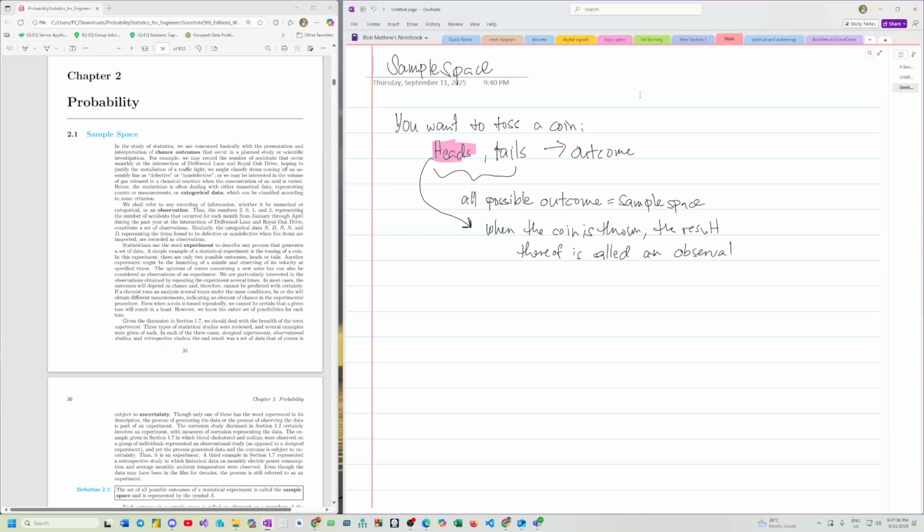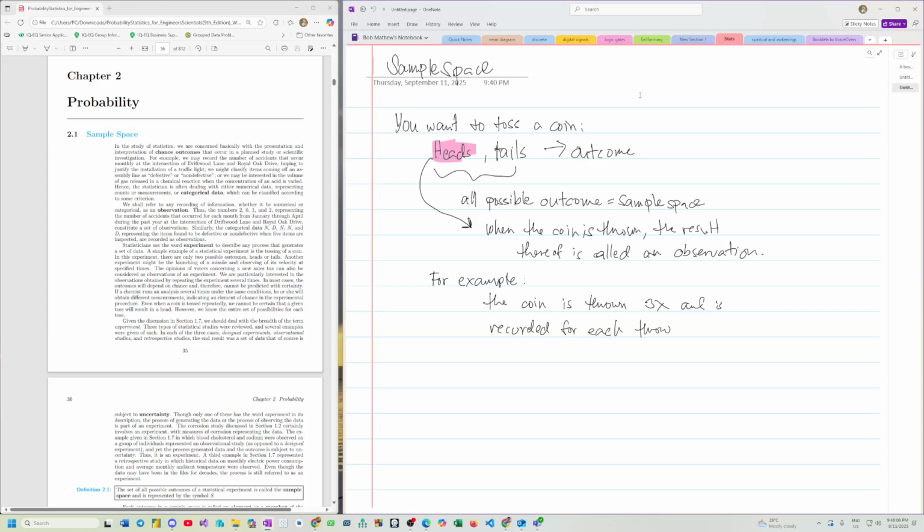So let's say for example you throw the coin, the coin is thrown 3 times and is recorded for each throw.